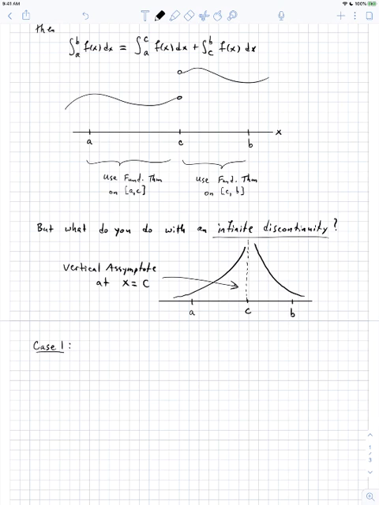suppose that your function is continuous on an interval from a to c, not including c, but has a discontinuity, an infinite discontinuity at x equals c.